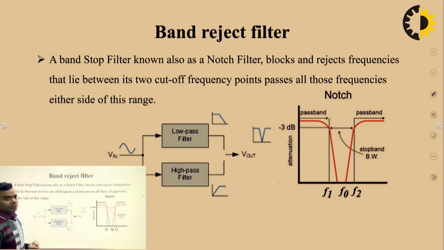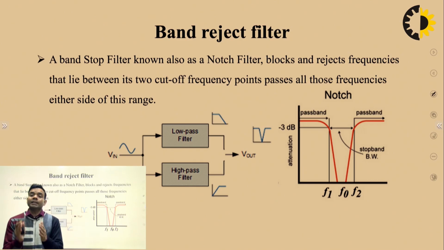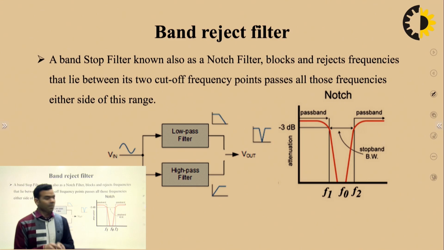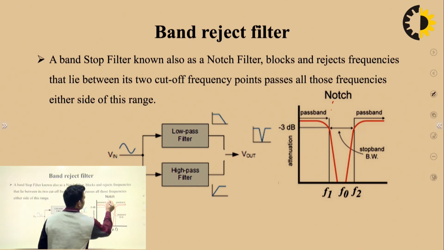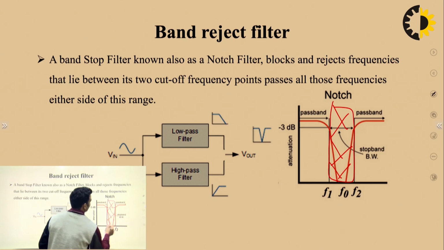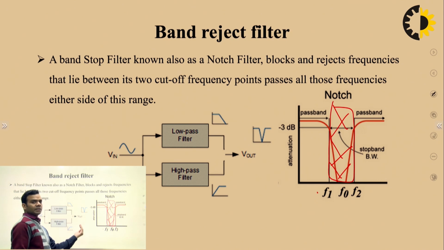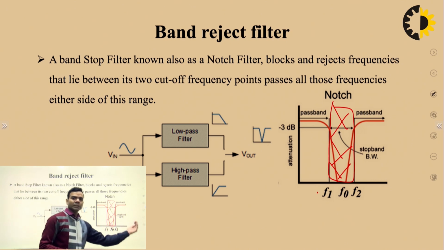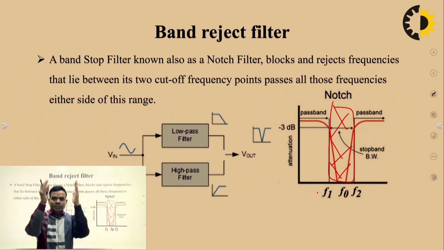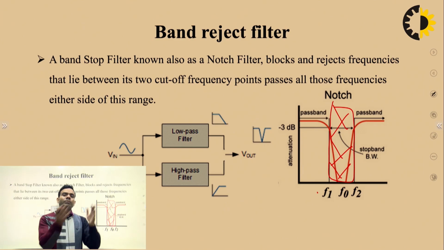Next is the band reject filter. It rejects a band of frequencies. For example, in this band it will not pass anything, it will stop. Before this cutoff frequency it will pass the signal, after this frequency it will pass the signals, but between the two frequencies it will stop the signals.